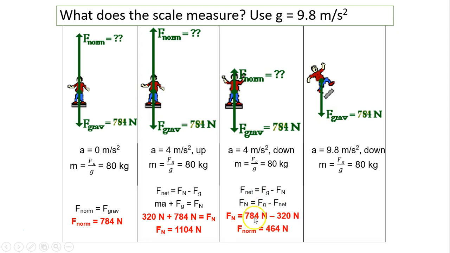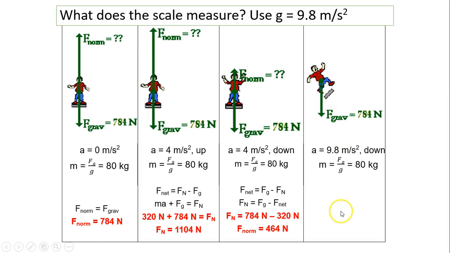Again, Fg is 784 and Fnet is 320. After I subtract, I get 464 newtons. That's the normal force. As you can see, sometimes I use F normal, sometimes I use Fn. That means the same thing. One thing I don't want you to mix up is Fn and Fnet. Those are different forces. Fn is normal force, Fnet is the net force.